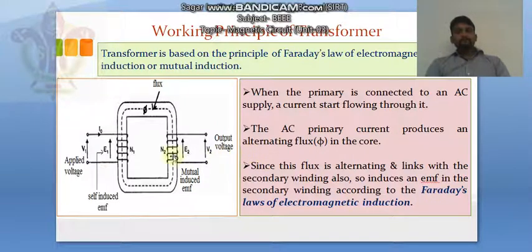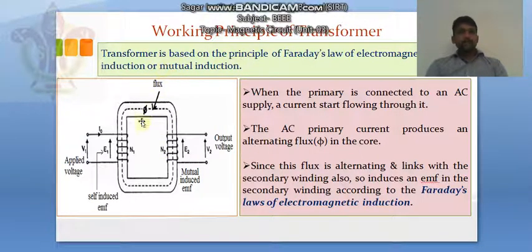Now let's see. Due to this V1 voltage, a flux flowing in this primary coil, suppose it may be phi1. Now this phi1 is linking with this core, so a flux of amount phi starts flowing in this core. Look here, that flux is here phi. So in this coil flux is phi1, in this core flux phi is flowing. Now what is mutual induction?